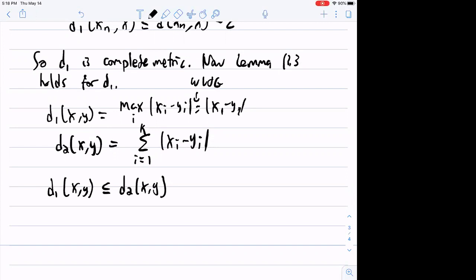But d2 is certainly smaller than what? If I just sum over the biggest one, x1, y1, k times, because x1 minus y1 was the biggest one. If I replace all the smaller ones with the bigger one, I get something bigger. And this is k times |x1 minus y1|, which is k times d1 of x,y, right?